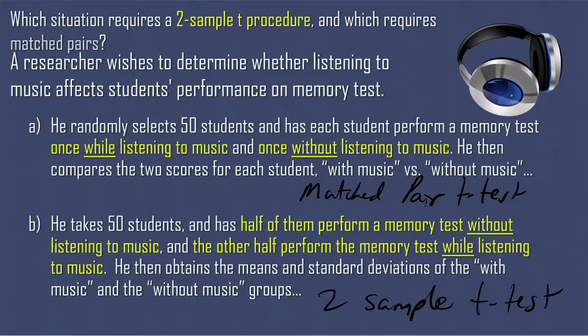Subtle differences. For that reason, you're going to see a lot of matched pair. There's always a matched pair t-test, more than likely on the AP test, because they want to know if you know the difference. They always either put a matched pair t-test or a two-sample t-test because they want to know if you know the difference. Okay, so there's always one or the other, right?